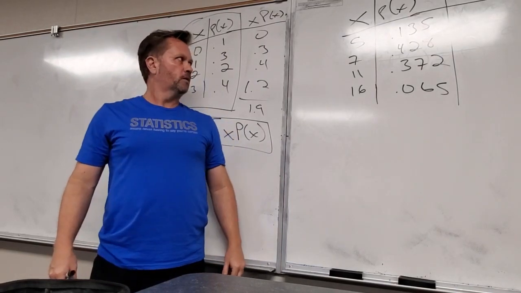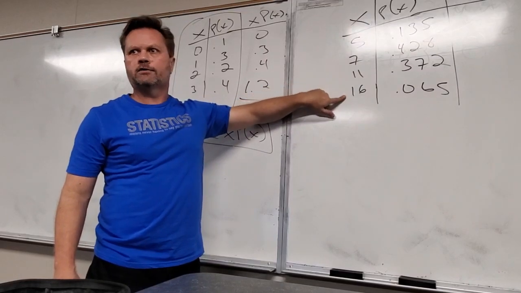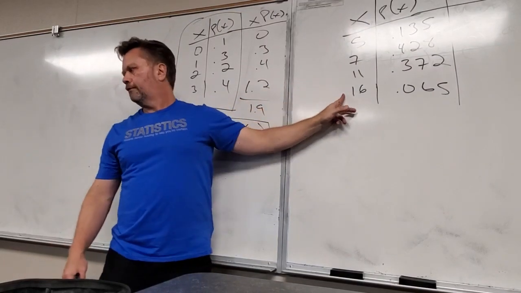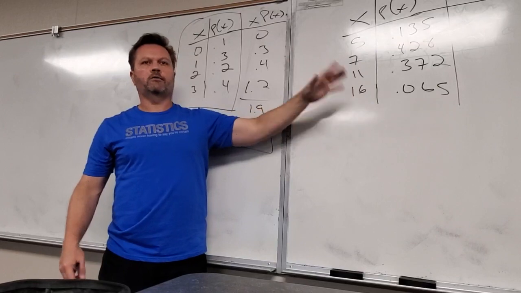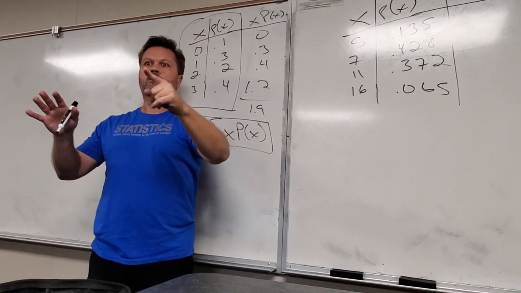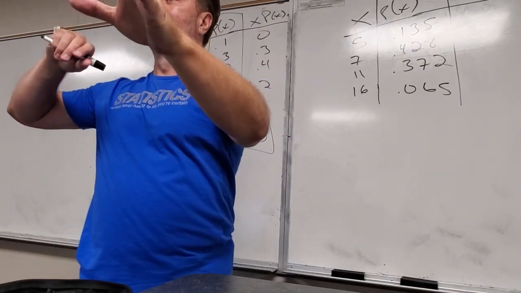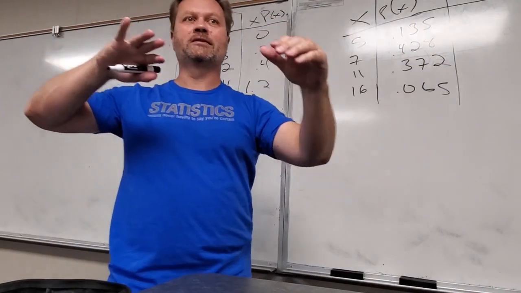data point. If I just add these up and divide by 4, why is that not the correct average? How many 5s are there, for example?